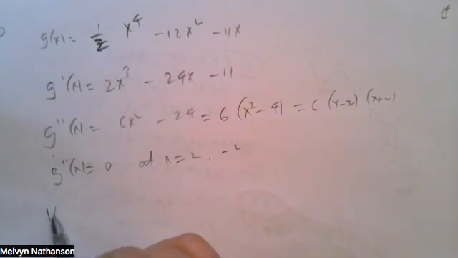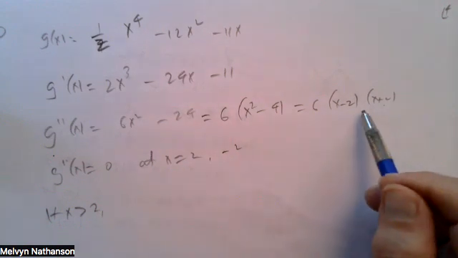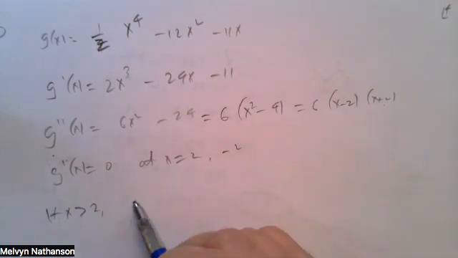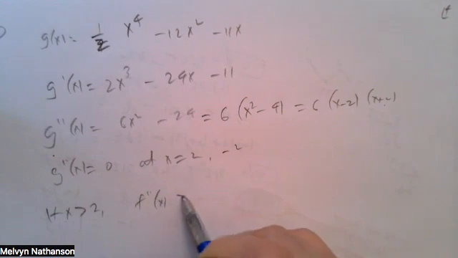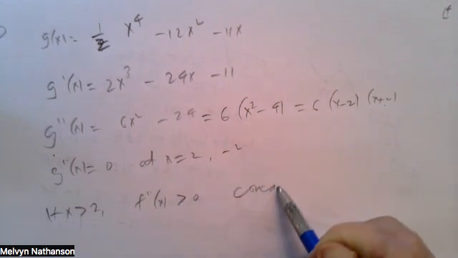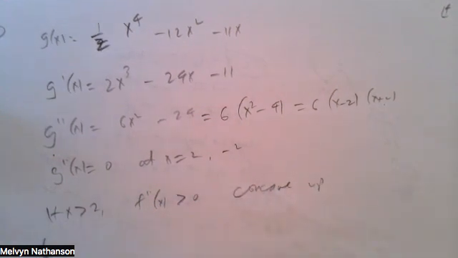Now, if x is bigger than 2, g double prime of x is positive, and the curve is concave up.